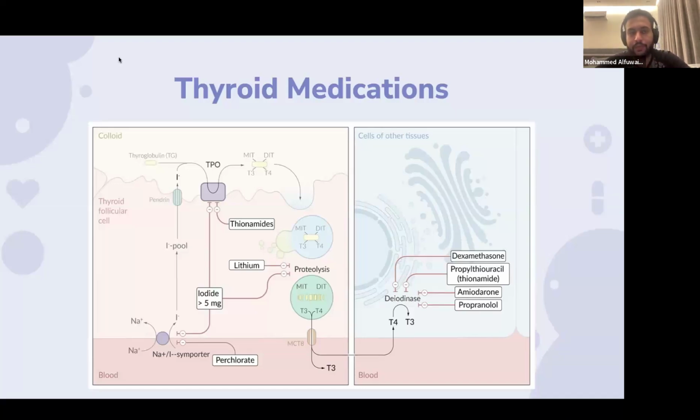After the initial testing, TSH, T3, T4, antibodies if you want, depending on if it's Graves or Hashimoto, and also ultrasound, then you need to go over other tests. The next best test to do is the thyroid uptake.